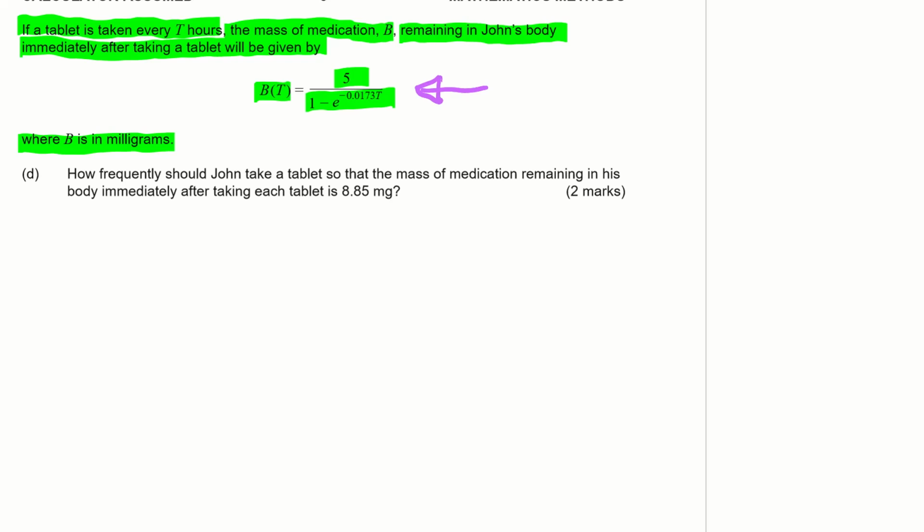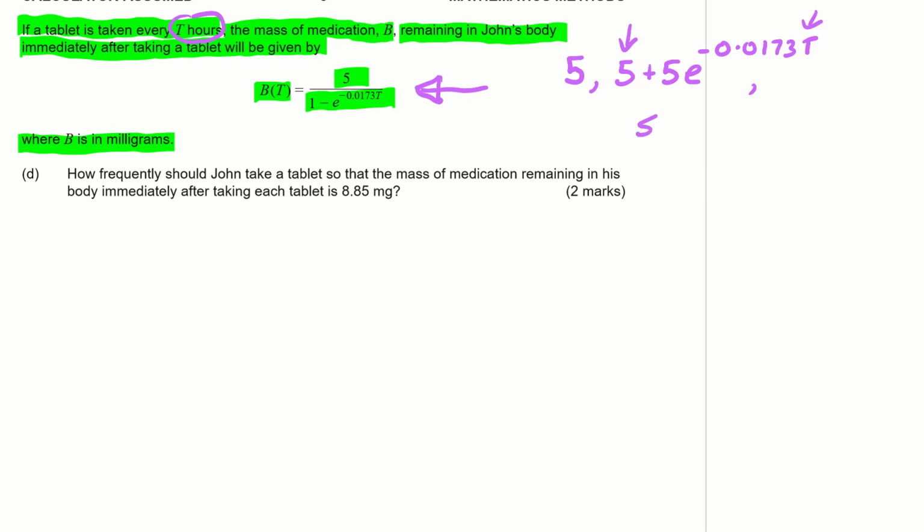It's the sum to infinity of a geometric progression where after he takes the first tablet, immediately after, he has 5 milligrams. And then if he takes one T hours later, he would have 5, that's from the new tablet, plus 5e to the negative 0.0173t from the tablet he took t hours ago, and then that would continue.